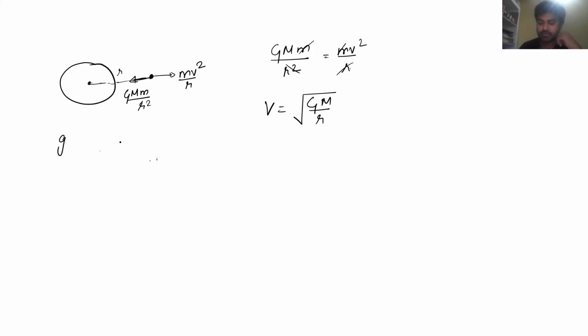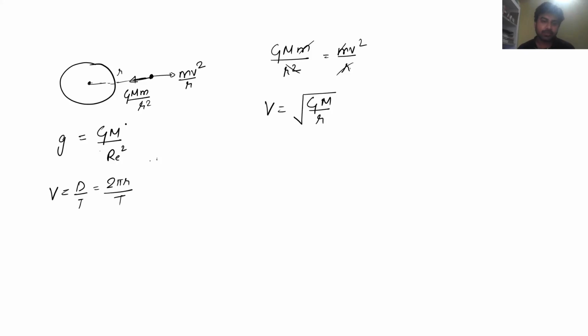Okay, so we know g is equal to G M by radius of Earth square, that is gravity due to Earth. Also we know velocity. Velocity is distance upon time. Distance, this whole satellite will complete as 2 pi r. So it will be 2 pi r by, r is the radius, small r, by time T, right?